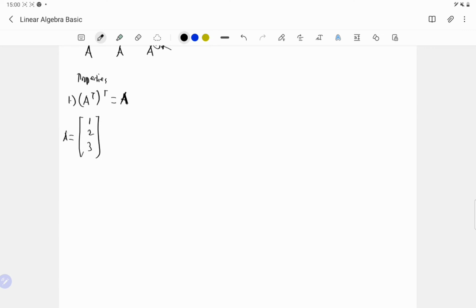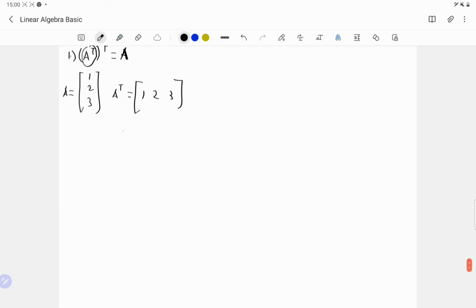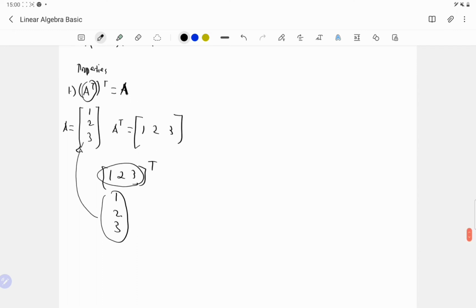I have A, and the transpose of A is 1, 2, 3. Now this is my AT, 1, 2, 3. The transpose of that, of course, goes back to the original, 1, 2, 3. And this is the answer. So that's why this is always equal to A.